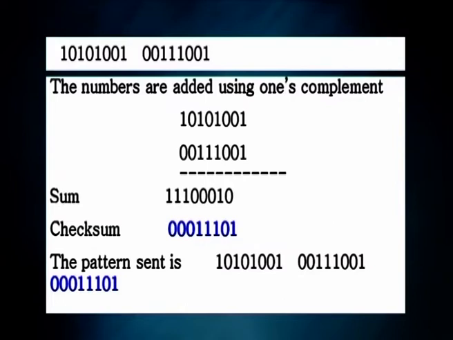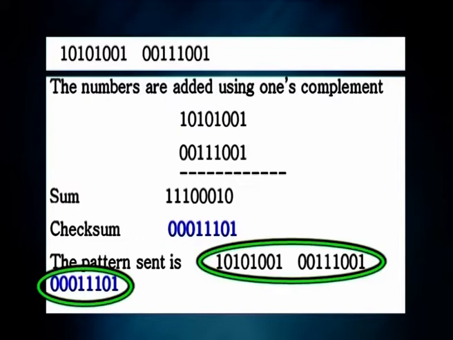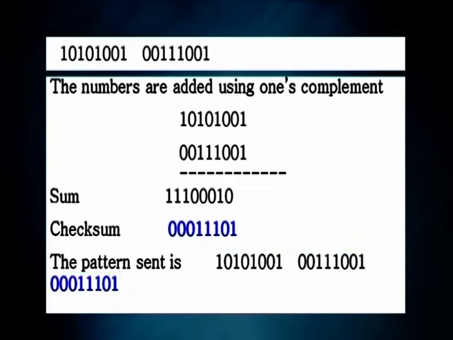The pattern sent is 1 0 1 0 1 0 0 1 0 0 1 1 1 0 0 1 0 0 0 1 1 1 0 1, which is the original data plus the checksum.